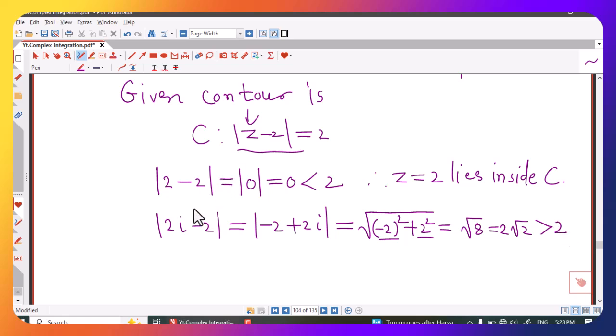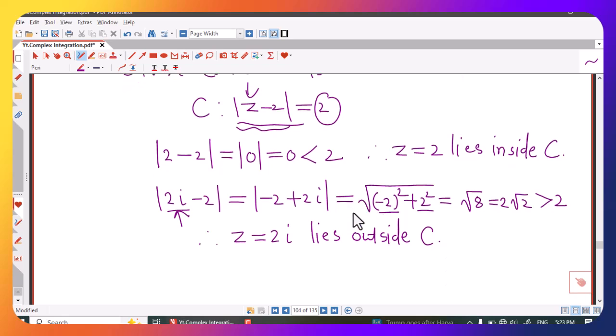Therefore the absolute value of 2i minus 2 is greater than 2. That means 2i is outside this contour. Therefore z equal to 2i lies outside the given simple closed contour C.